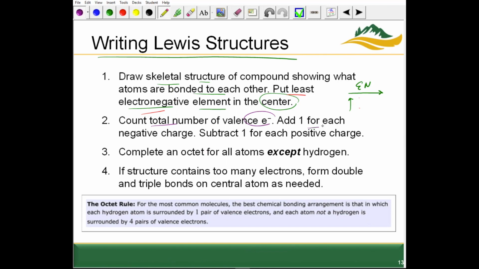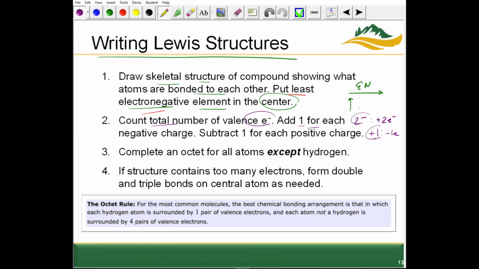If we have an anion, we need to add 1 electron for each charge. For instance, a 2 minus charge would be an additional 2 electrons. A plus 1 charge, on the other hand, we would be subtracting an electron.